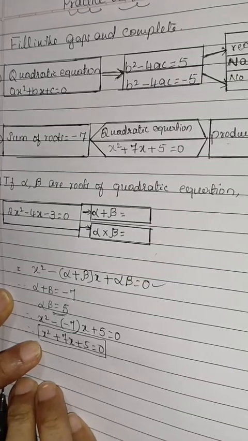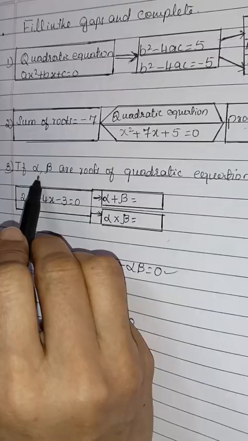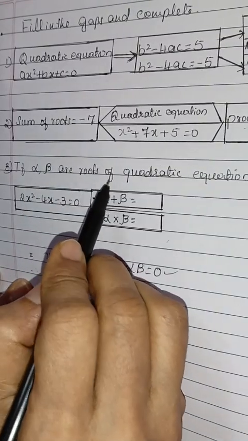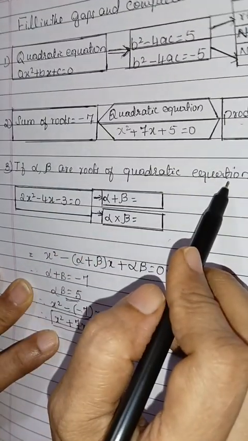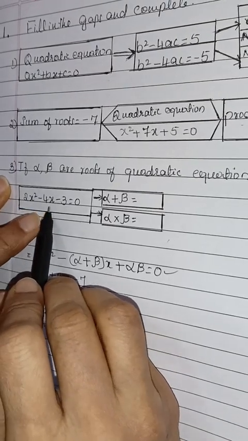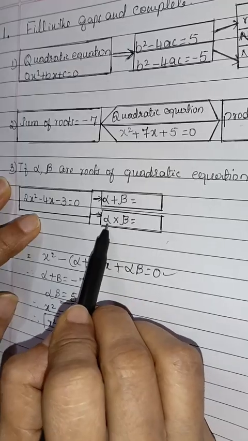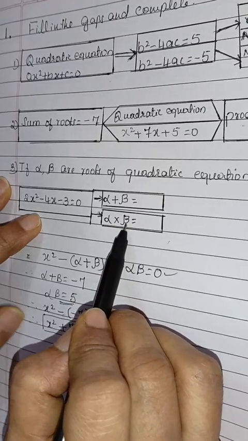Third one: if alpha and beta are roots of the quadratic equation 2x square minus 4x minus 3 equal to 0, we have to find alpha plus beta and alpha multiplied by beta.